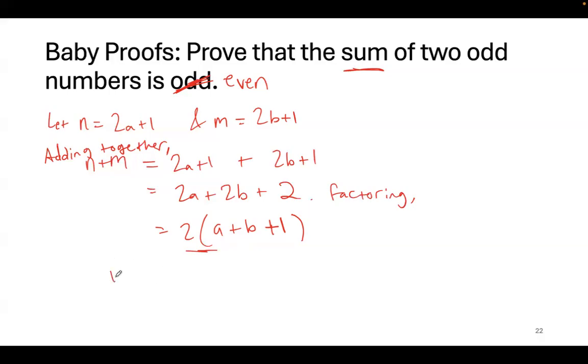And then we say, which is divisible by 2. Therefore, we're done. We typically end our proofs with a little square or QED, which means something in Latin. Any questions on this?